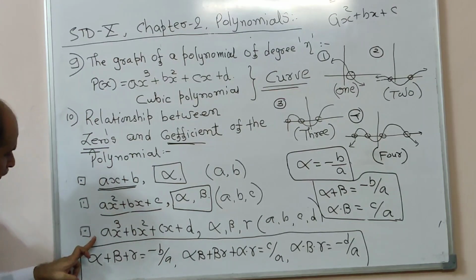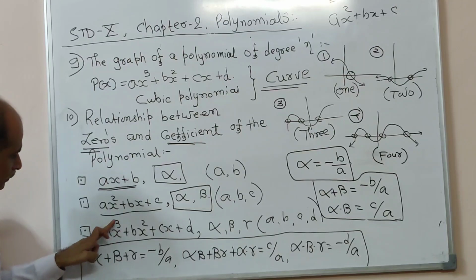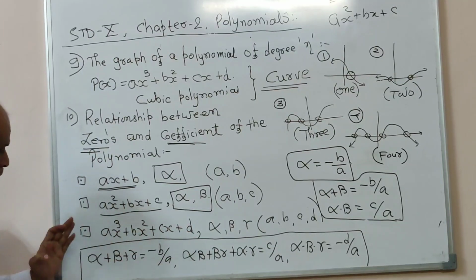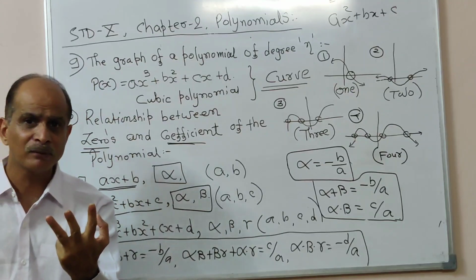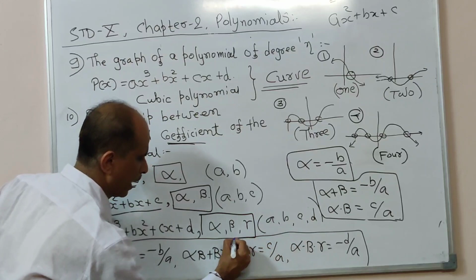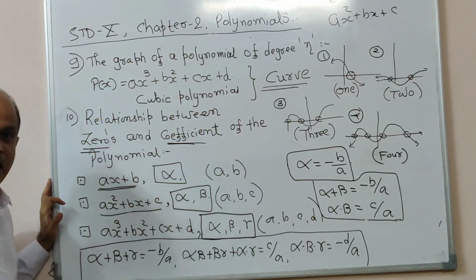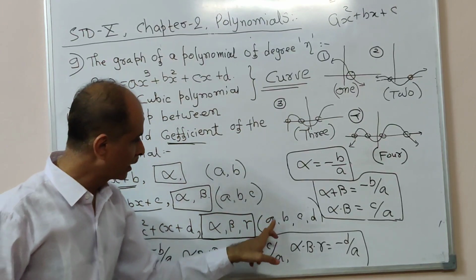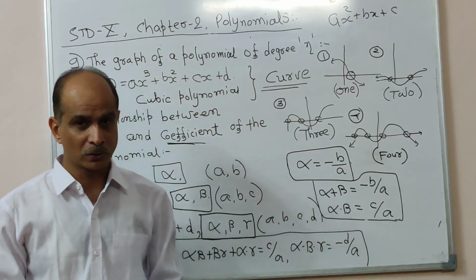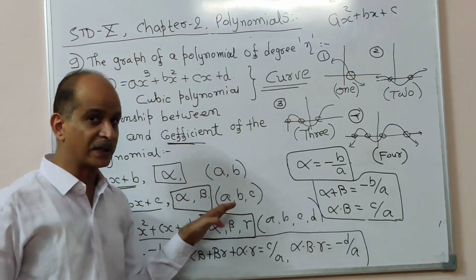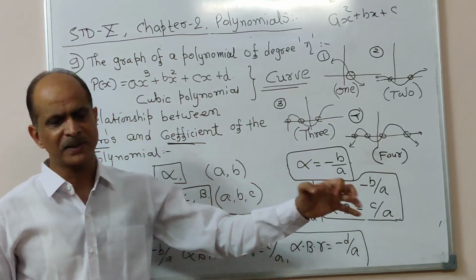Well, the cubic polynomial is ax cube plus bx square plus cx plus d. So it has a maximum of three zeros. These three zeros are denoted by alpha, beta and gamma. And the coefficients of this polynomial are a, b, c and d. So we have to establish a relationship between alpha, beta, gamma and a, b, c, d.